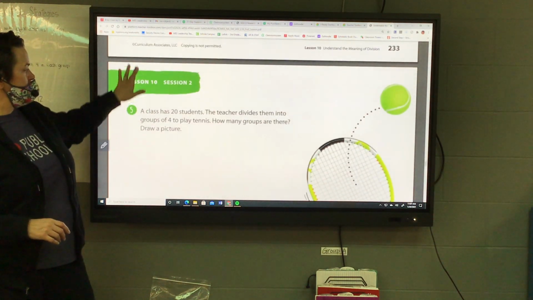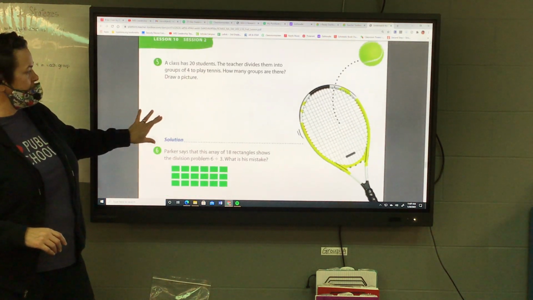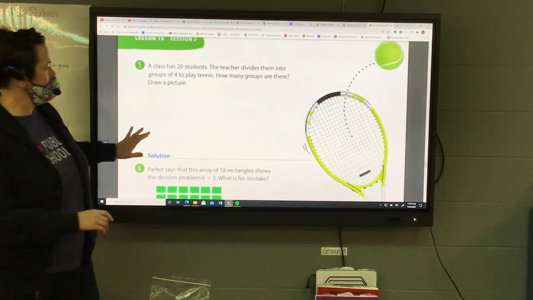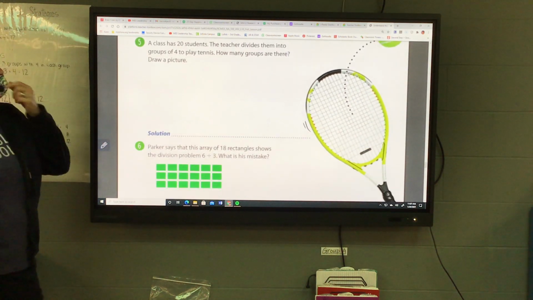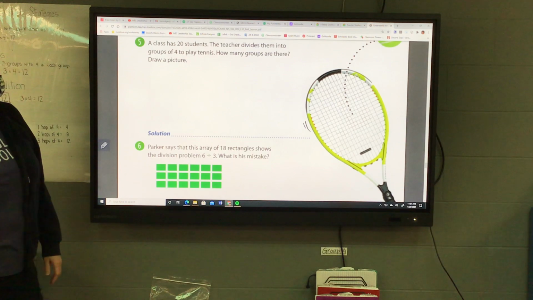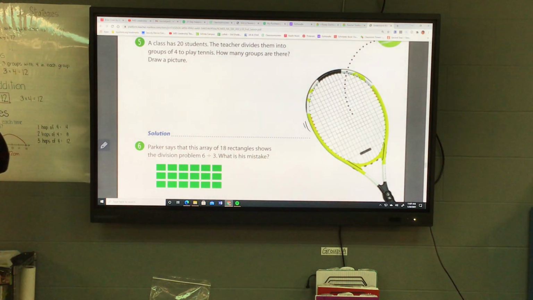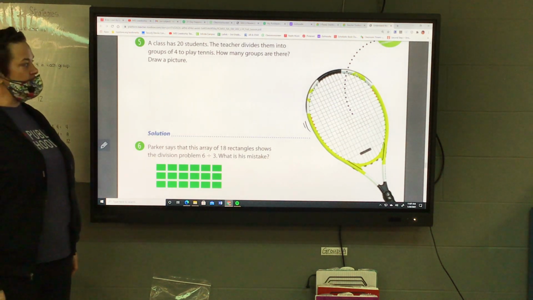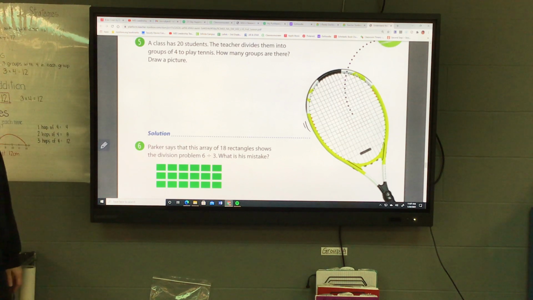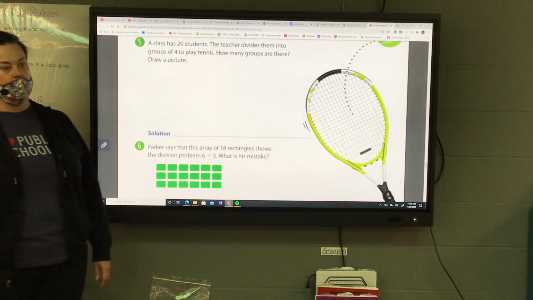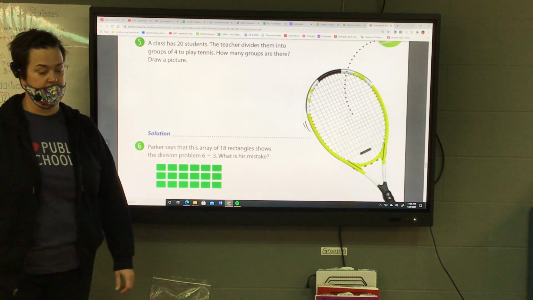Let's look at the tennis racket and tennis ball page. Read the problem with me, please. A class has 20 students. The teacher divides them into groups of 4 to play tennis. How many groups are there? Draw a picture. Draw your picture right now.